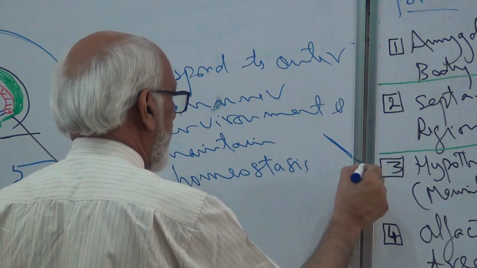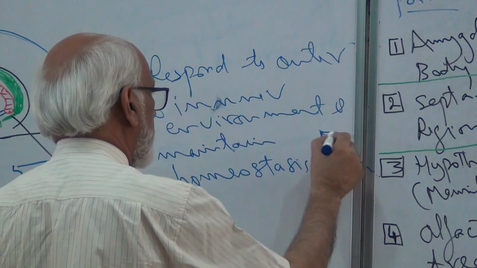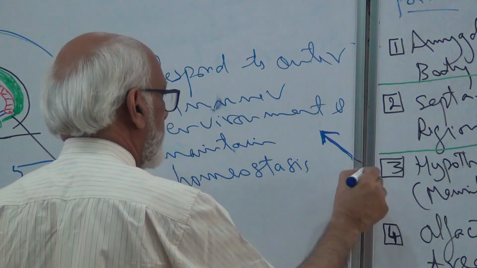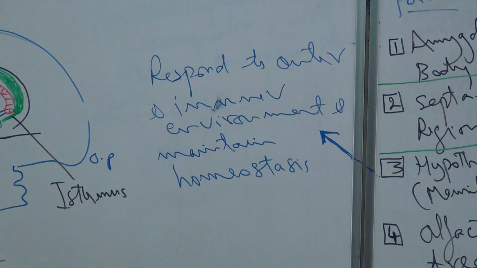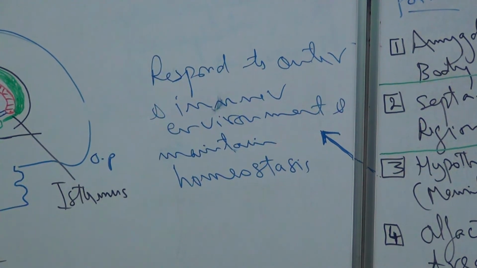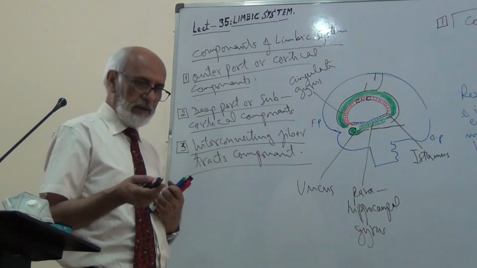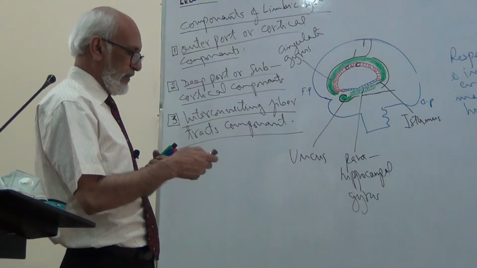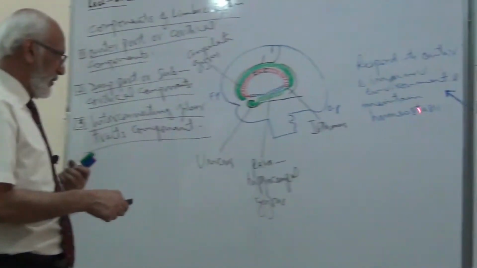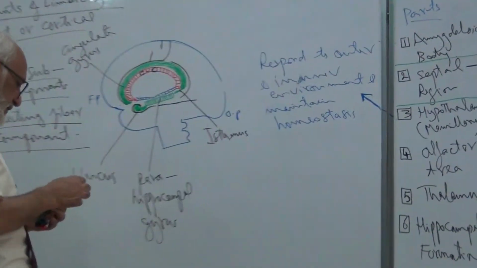What is the function of the mammillary body or hypothalamus as far as the limbic system is concerned? It responds to the outer environment of the human body and inner environment, and in this way it maintains homeostasis.